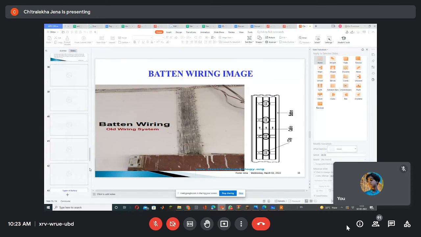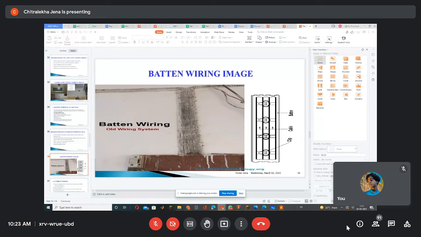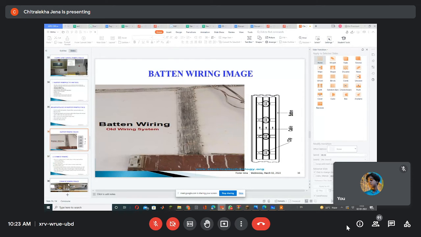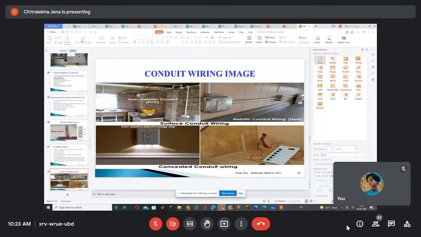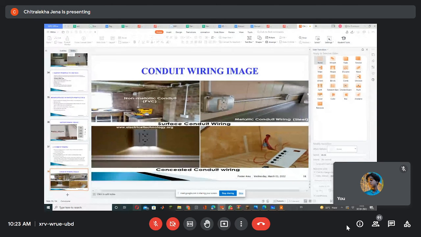The last one, which is important, is your conduit wiring. Where have you seen conduit wiring? There are two types of conduit wiring: surface conduit wiring and concealed conduit wiring.